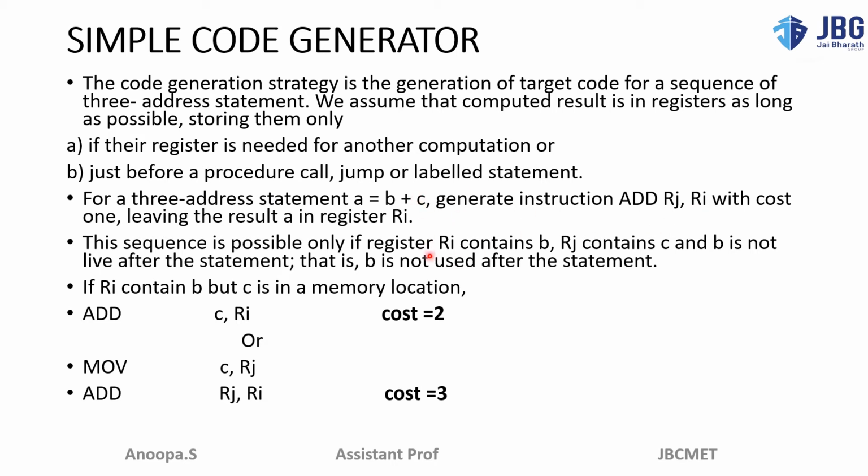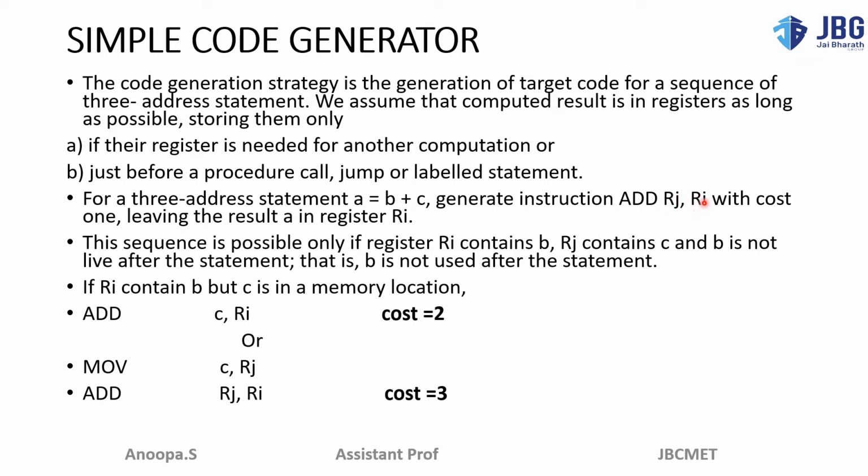This is possible only if Ra contains b and Rj contains c, and b plus c is stored in Ra, which is a.